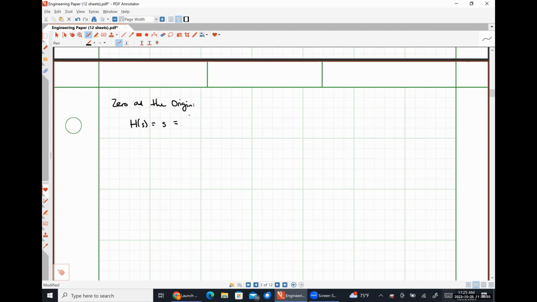So I'm going to look at S as 1 over 1 over S, because I know what the transfer function of 1 over S looks like, and I know how logarithm works. So 20 log of H of S in this case is going to be 20 log of 1 minus 20 log of 1 over S.